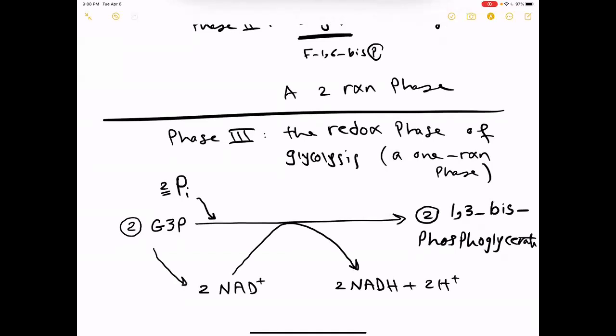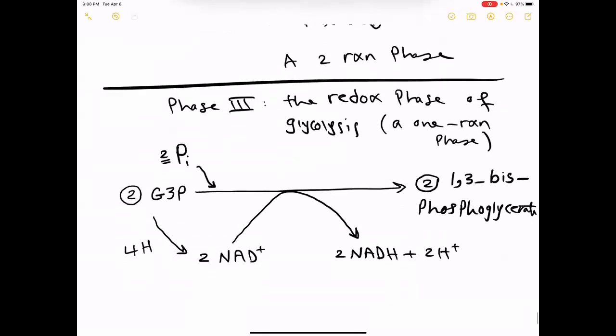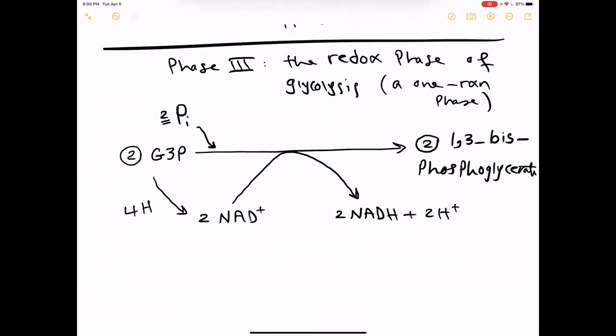And I did this. So none of this is new. The reason for the 2 everywhere is, remember again, you do have 2 glyceraldehyde 3-phosphate. So the reaction is being repeated twice.